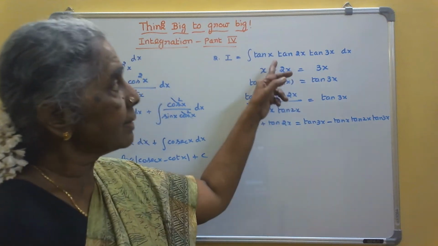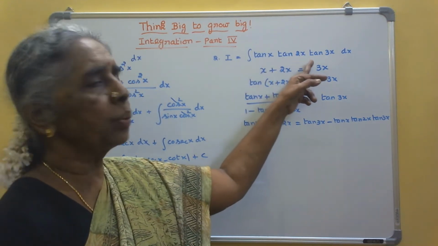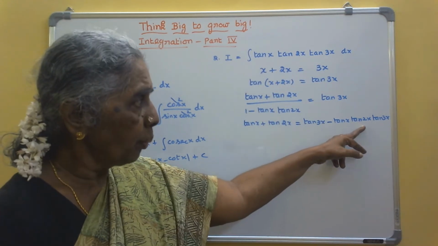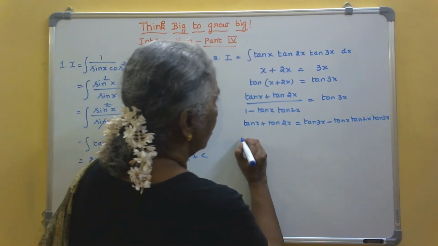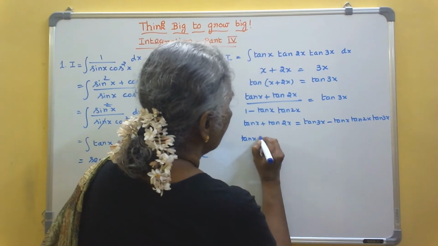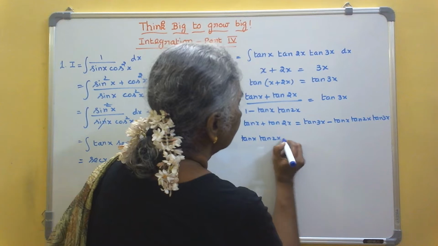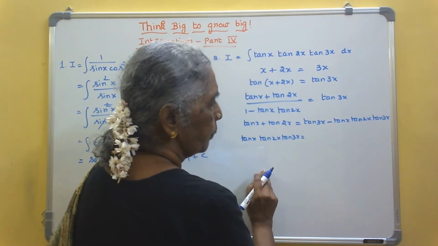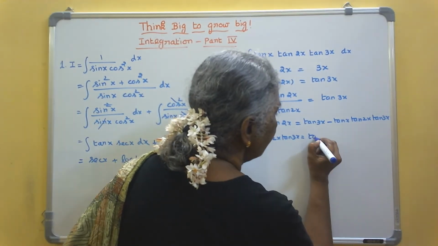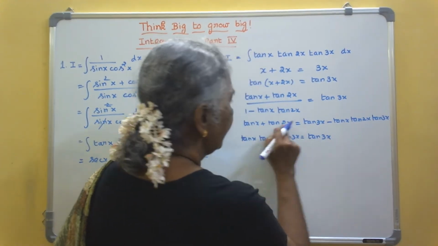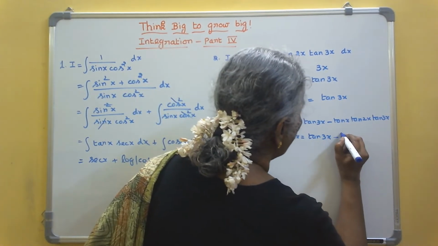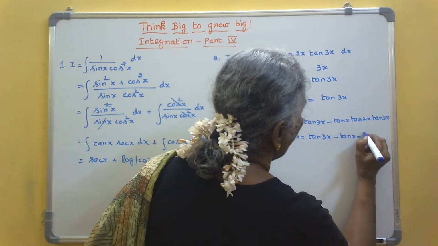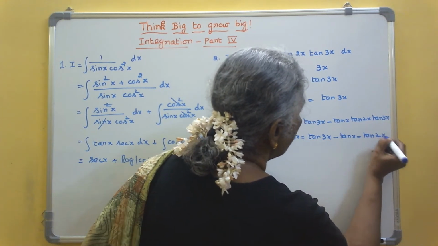Now, see the sum. You have tan x tan 2x tan 3x. So, you bring that minus to this side. You will get tan x tan 2x tan 3x, that will be equal to, you are already having here tan 3x. Bring these 2 terms here. You will get minus tan x minus tan 2x.